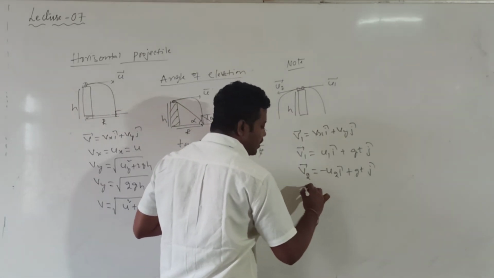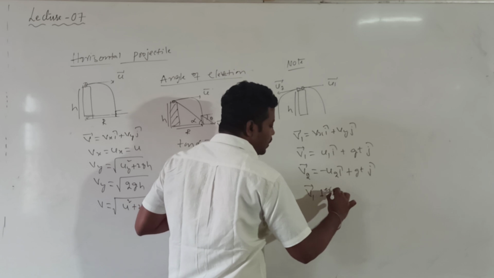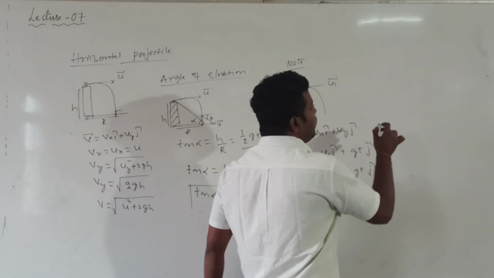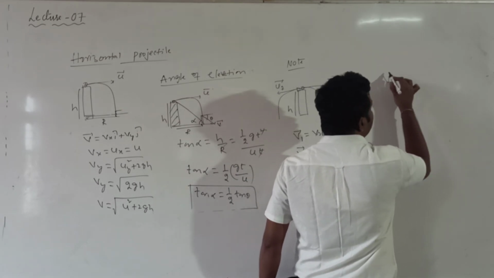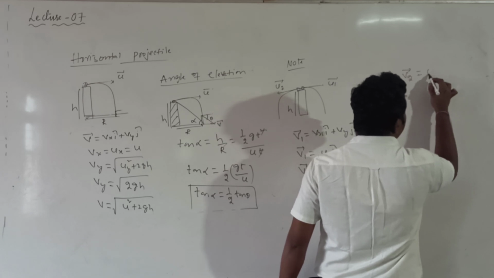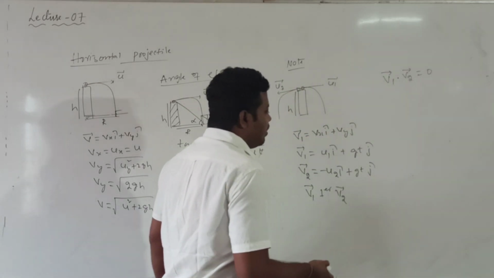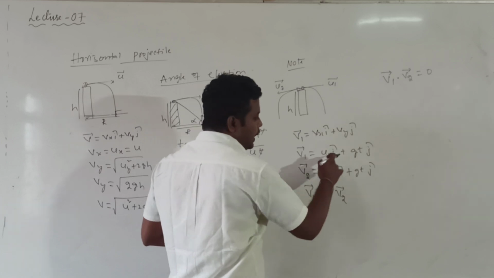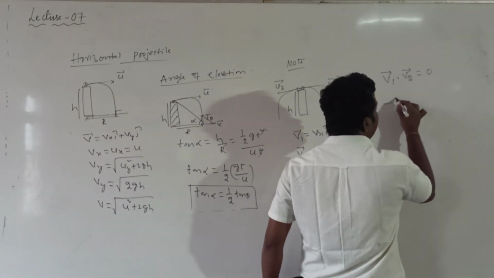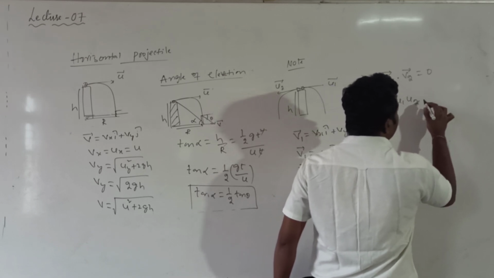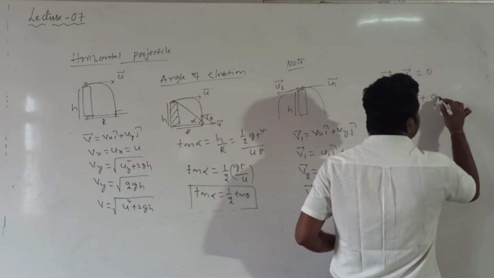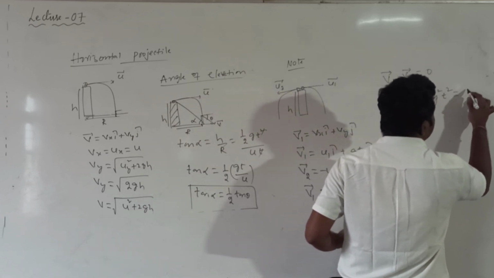Here the question is, what is the time after which their velocities are perpendicular? So what is the condition? v1 bar is perpendicular to v2 bar, so the vector dot product v1 bar dot v2 bar is equal to 0. You should get clarity regarding the vector dot product: multiply i with i and j with j. When I multiply i with i, I get minus u1 into u2, plus gt into gt, that is g square into t square, equal to 0.